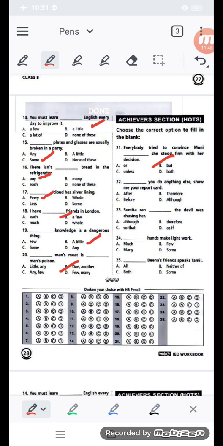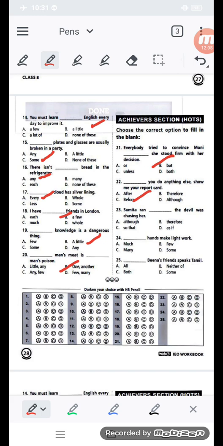22 number. Dash you do anything else, show me your report card. 22 number. Before you do anything else. 23.